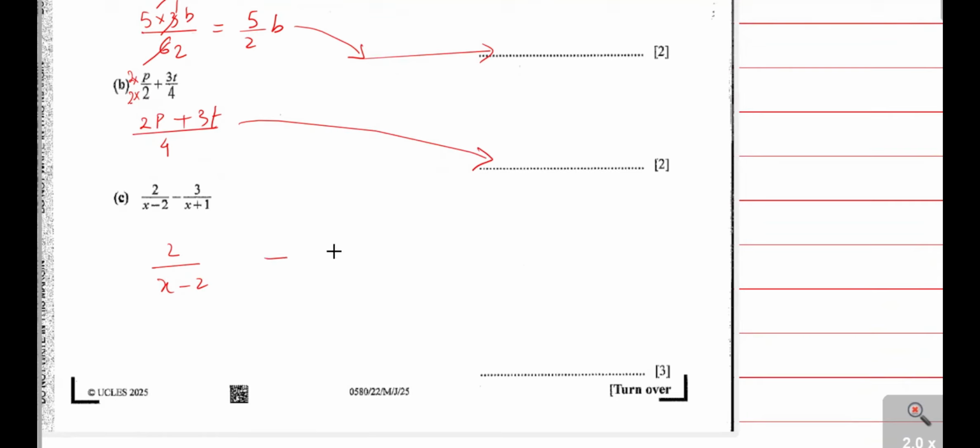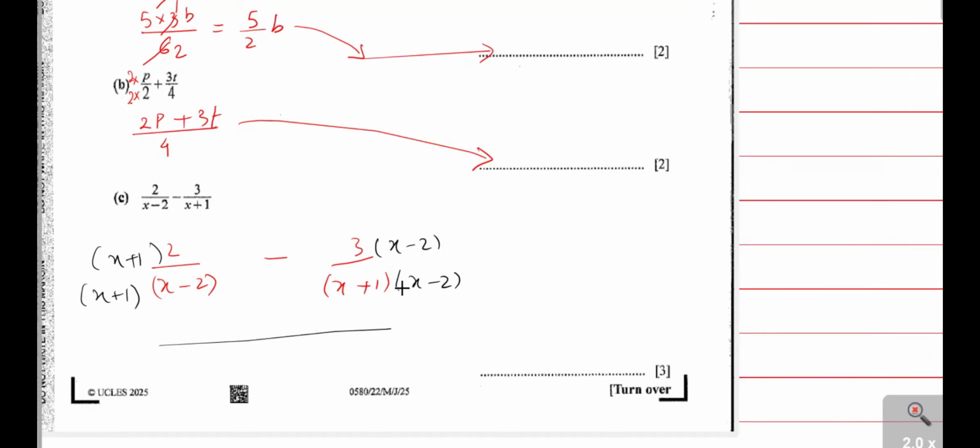To make the denominator the same, we will multiply the first fraction by x plus 1, both numerator and denominator, and the second fraction we will multiply by x minus 2.